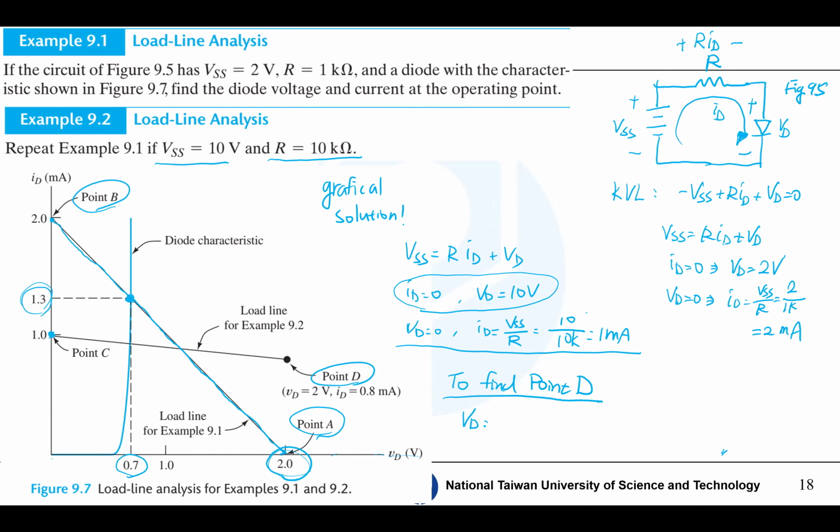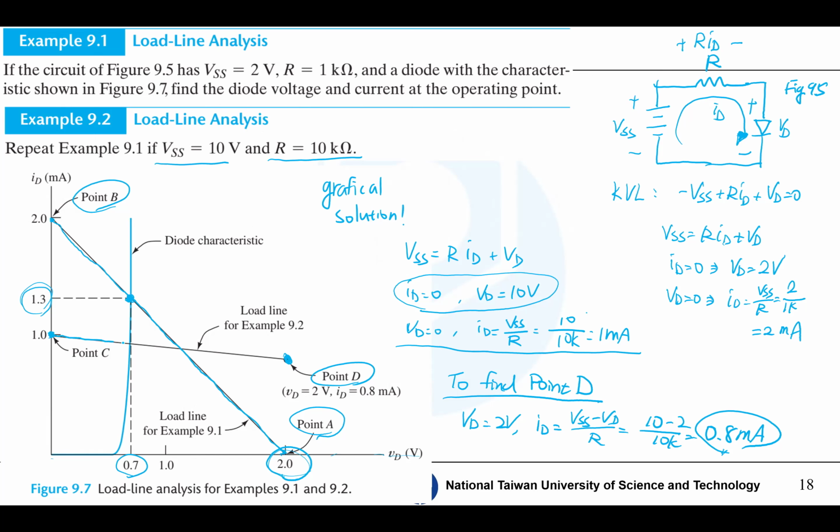So VD is 2, and when VD is 2 volts, ID will be VSS minus VD divided by R. So that is 10 minus 2, divided by 10K, which is 0.8 milliampere. So we locate point D: VD is 2 and ID is 0.8 milliampere.